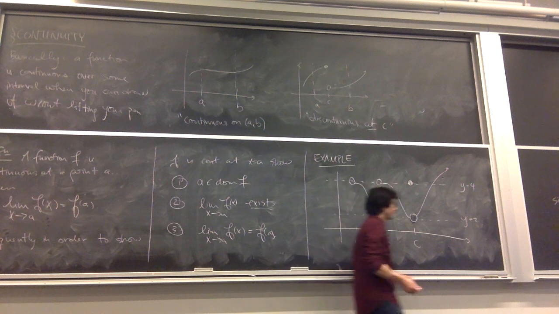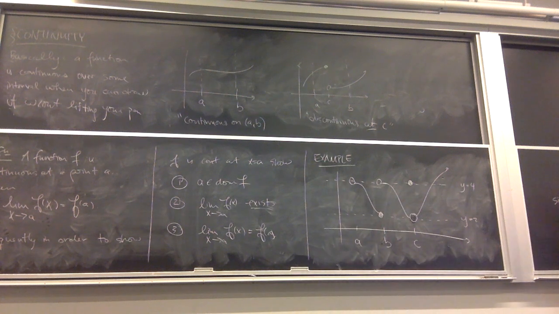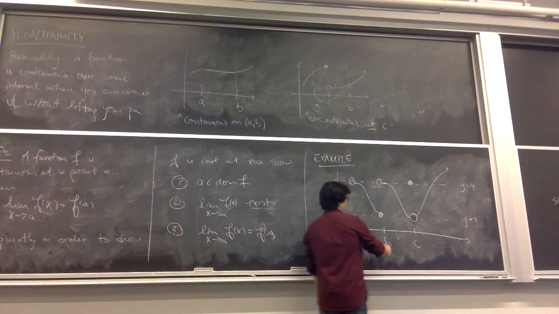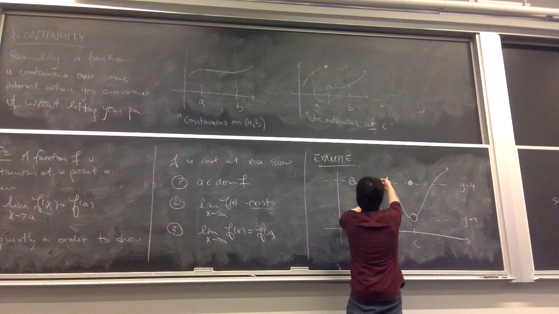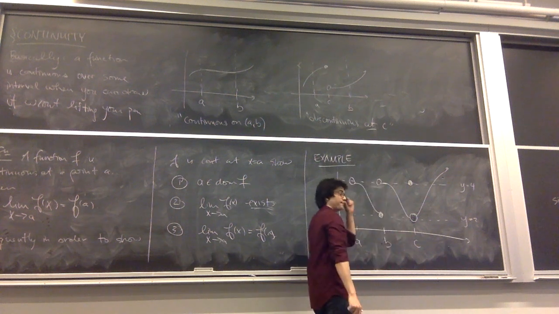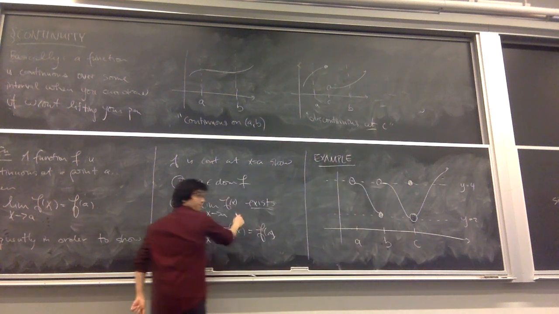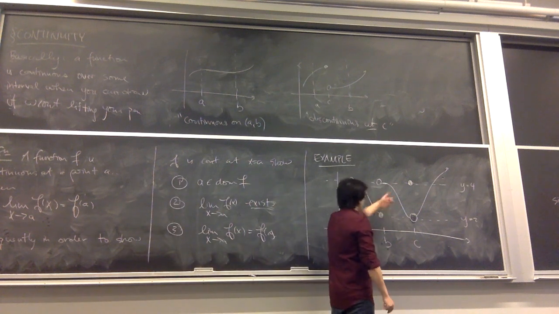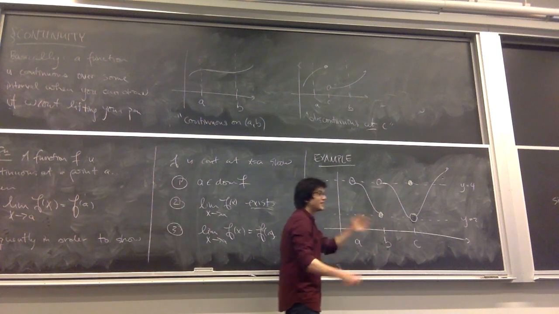But what does it violate? The limit. It's not approaching the same number on both sides. Okay. So there's a discontinuity at B because the limit there doesn't exist. It violates 2. The function's defined. There's a left limit and a right limit, but the limit itself doesn't exist.